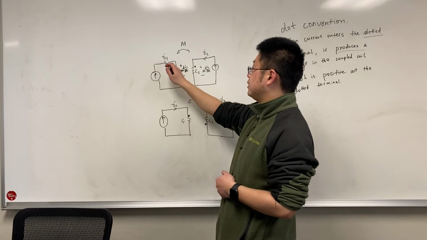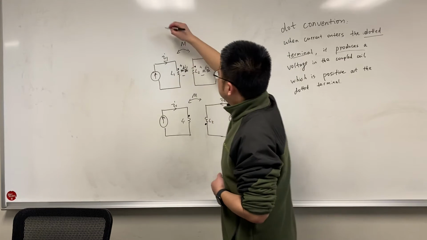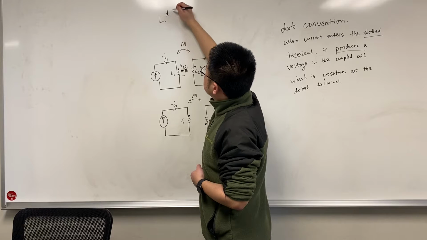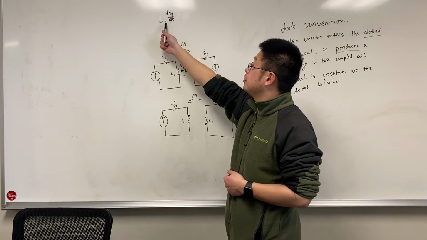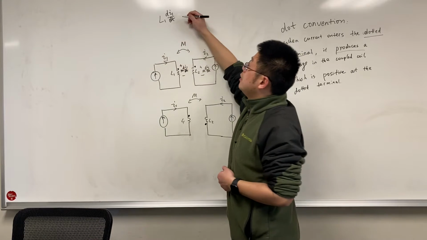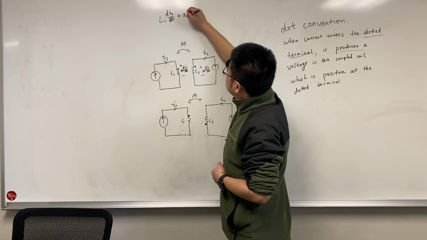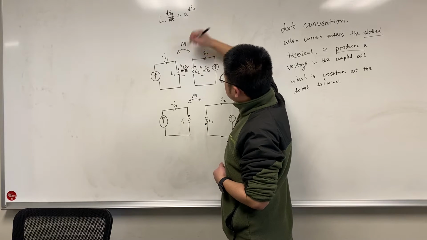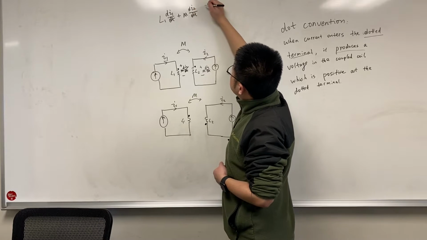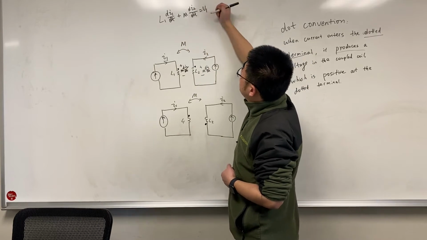And also we know that I1 will generate a voltage which is L1 times di1/dt. This is the voltage generated by I1 plus the voltage generated by I2. So this is the voltage on the primary side, V1.